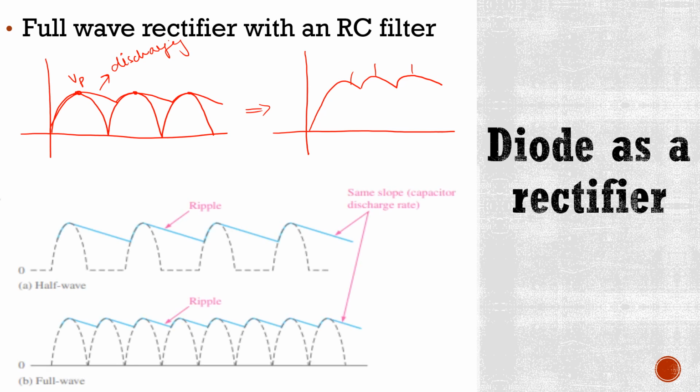Now look at this picture. As you can see, when filtered, the full wave rectified voltage has a small ripple as compared to a half wave rectified voltage for the same load resistance and capacitor value. So this is the difference between full wave and half wave rectifier when used with an RC filter.